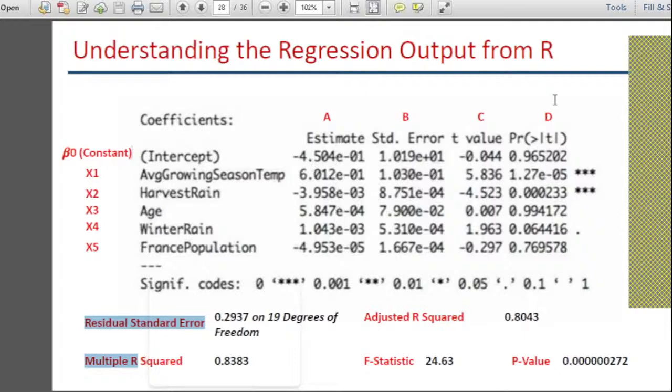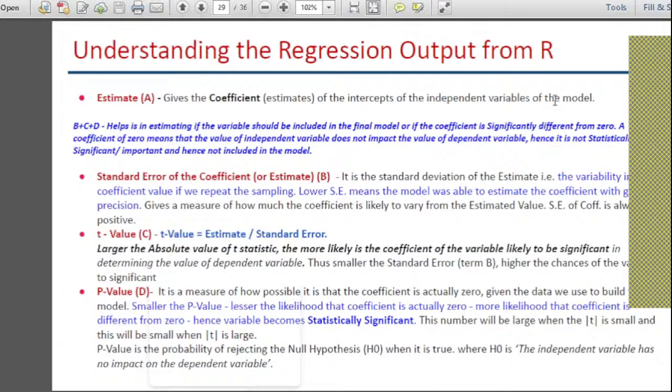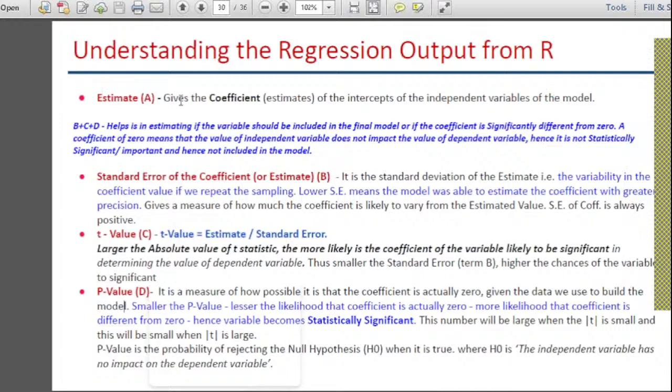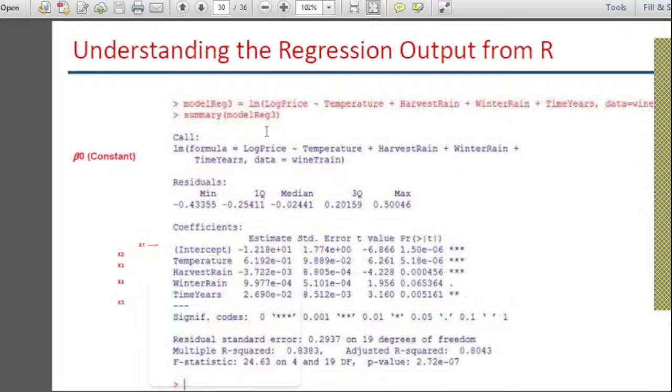Okay. So now I go to this. This is the explanation. Estimate gives the coefficient estimates of the intercept and the independent variables of the model. Now, B plus C plus D helps in estimating. What are B, C, D? You can just ignore this slide.